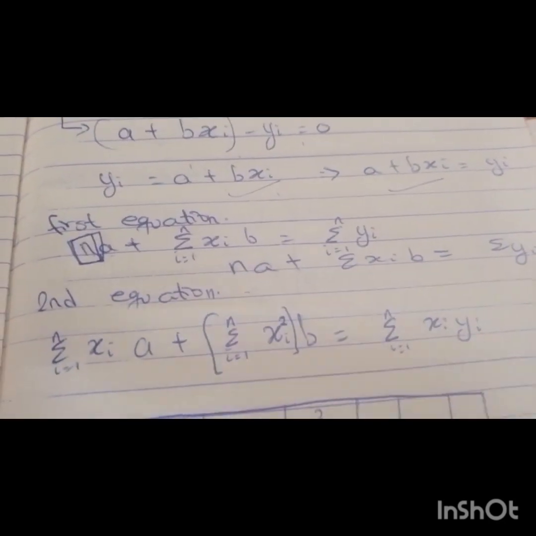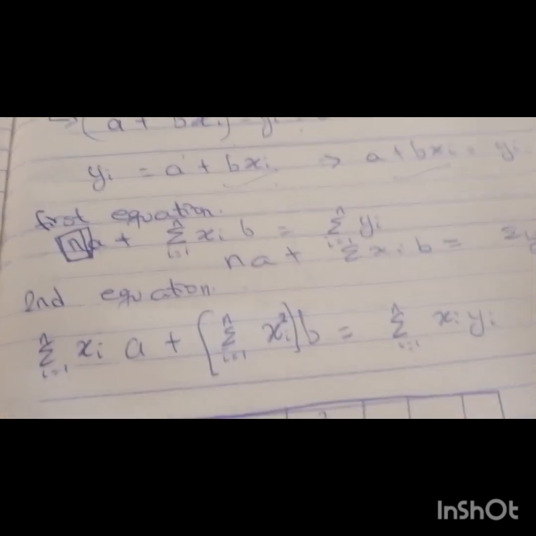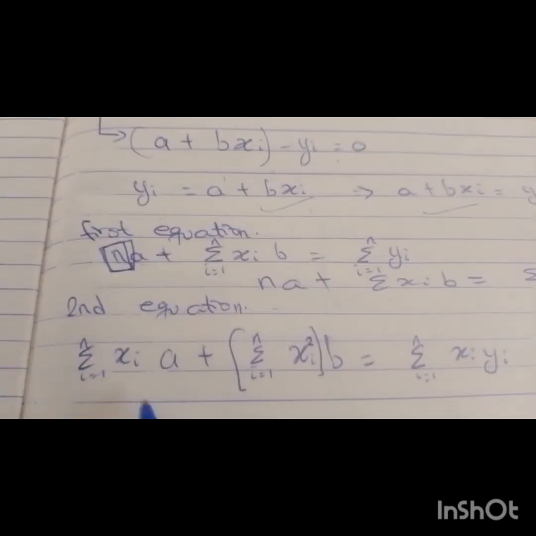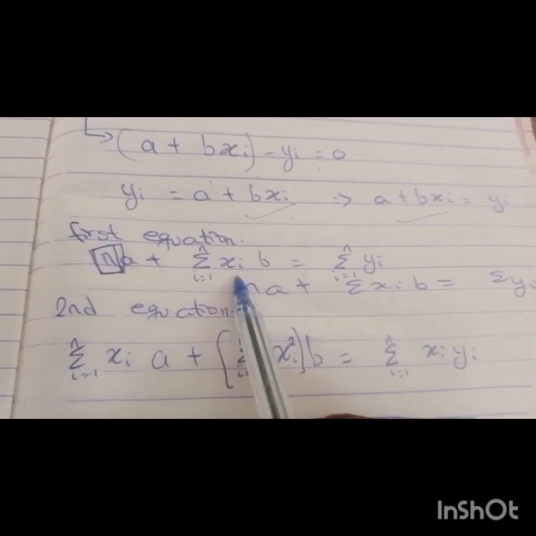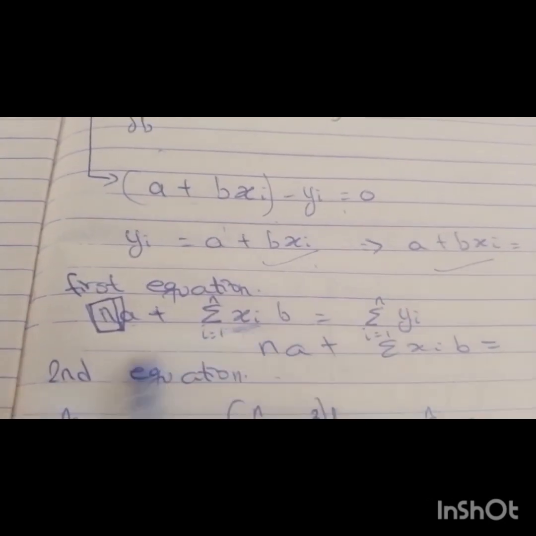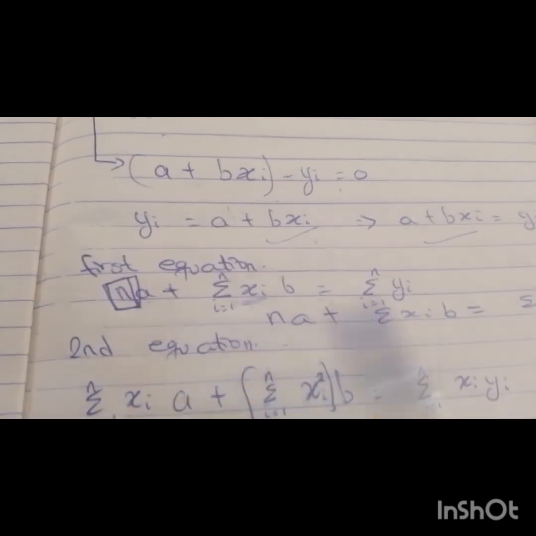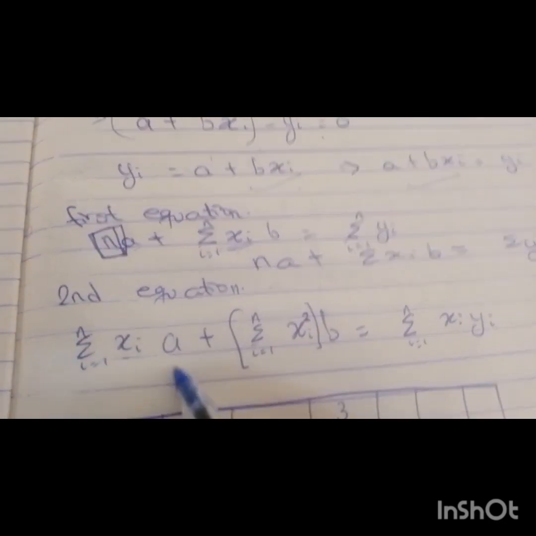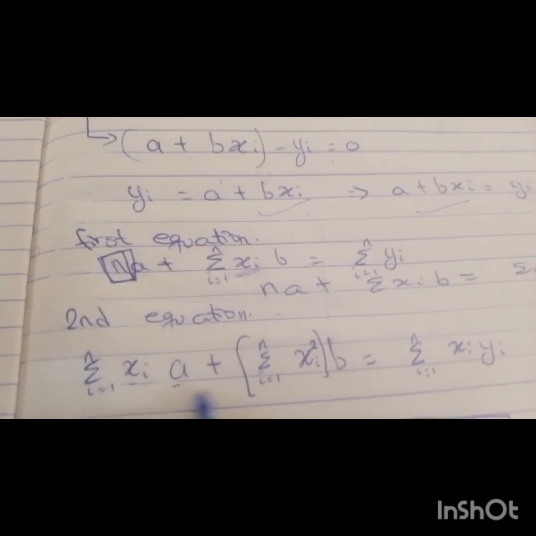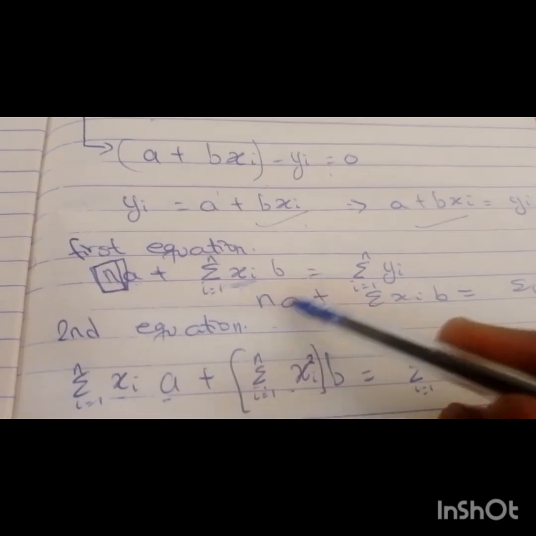So you have to find another equation, equation 2. We can do that by manipulating the data a little bit. Over here, the variable we are working with is x. So you just take x and multiply through. I hope you got that. So here we have xi times a, so summation of xi times a plus summation of xi squared times b, because you are multiplying through by x.